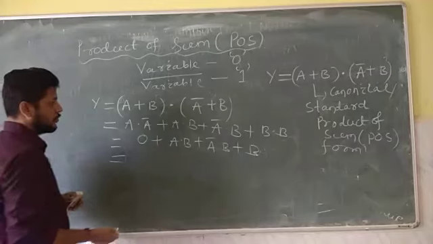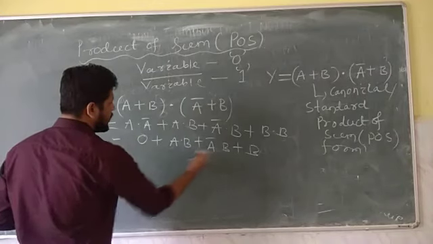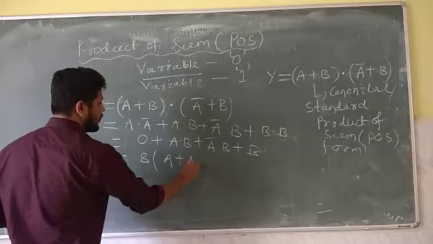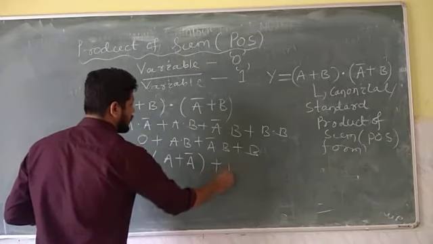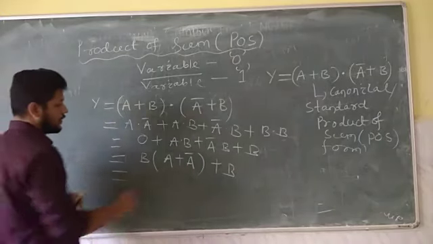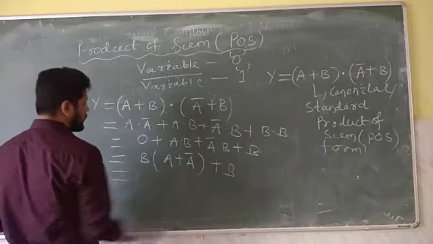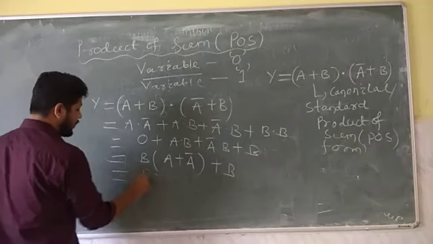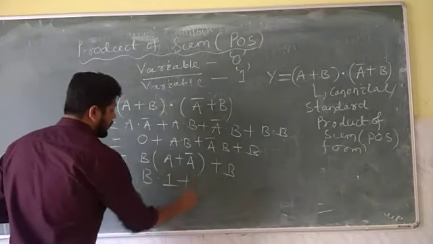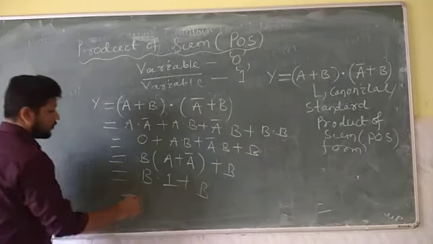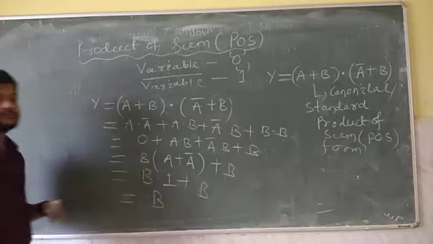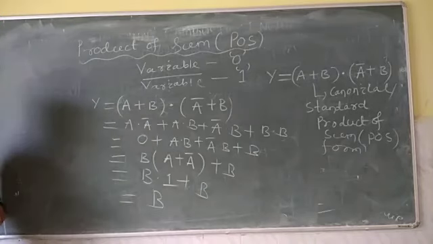If I take B common, I get B(A + A bar + 1)... that is, A or A bar means 1, so B dot 1 plus B. B dot 1 means B, and B plus B always gives you B.